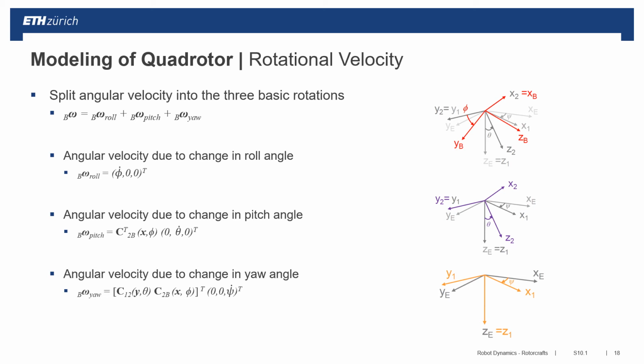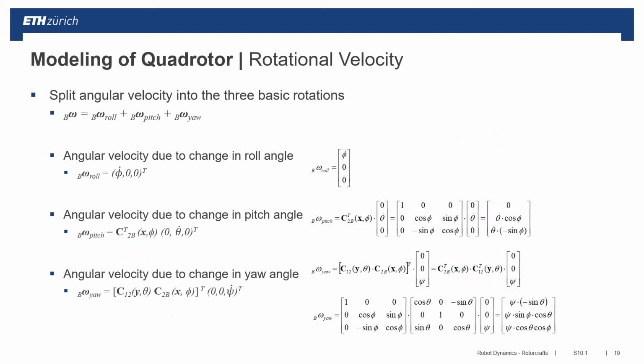The angular velocity due to the change in pitch angle is given by the rotational speed around the y-axis, but it has to be pre-multiplied by the coordinate transformation, the rotation matrix from pitch to roll. And the angular velocity due to the change in yaw angle is the angular velocity around the inertial z-axis, but it has to be pre-multiplied by the pitch-roll coordinate transformation and the yaw to pitch coordinate transformation.